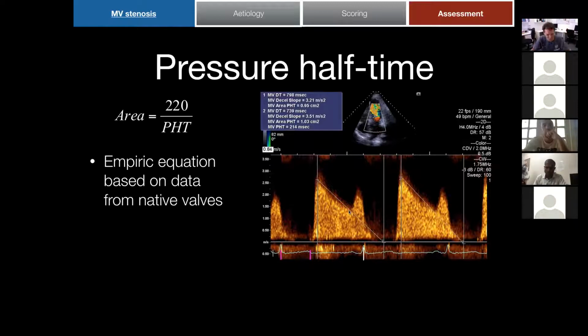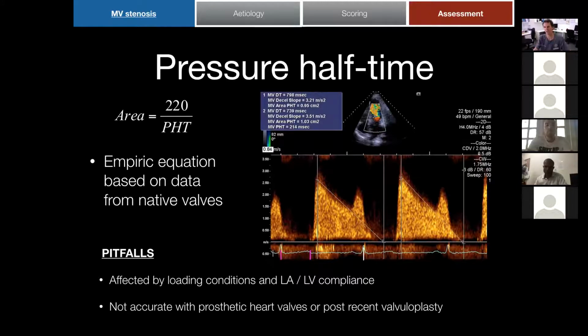Firstly, the measurement changes because you've got all of your flow coming in through that passive filling, and it immediately looks more severe despite being the same valve. And secondly, it becomes very variable. So you get different pressure half-time readings when you're in atrial fibrillation. I think you can average it out, which is probably what you're meant to do. I was trying to do it here, and they say 3 beats for sinus rhythm, 5 for atrial fibrillation.